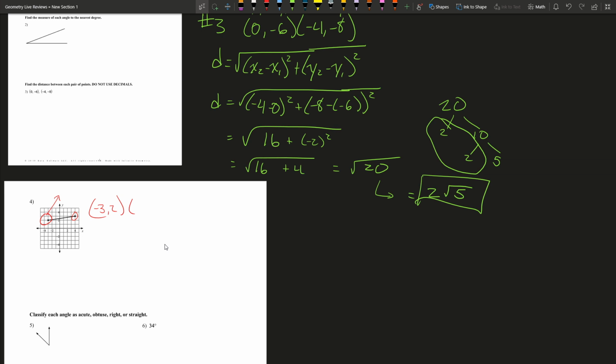And the second point is 4, positive 3. So then we just do what we did in green all over again. Same formula.